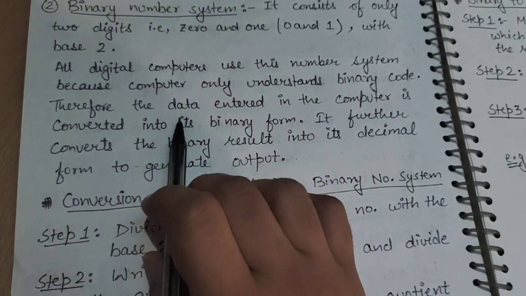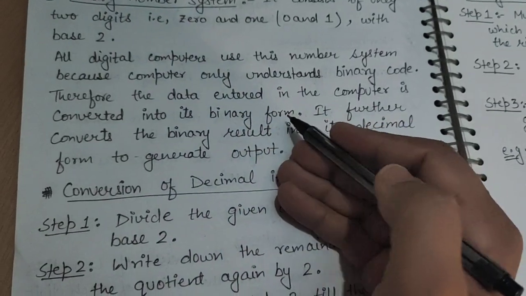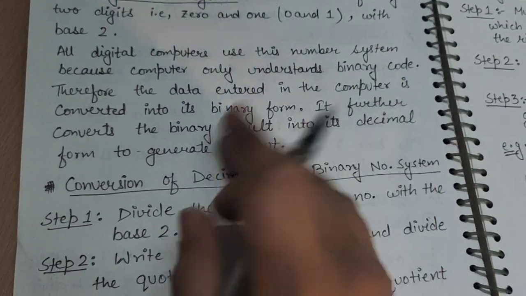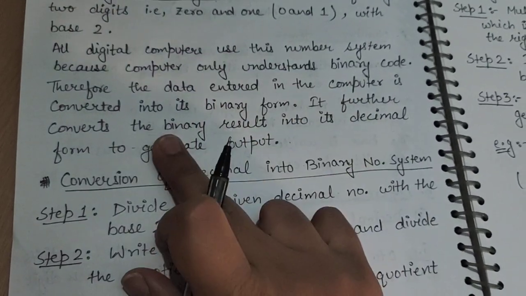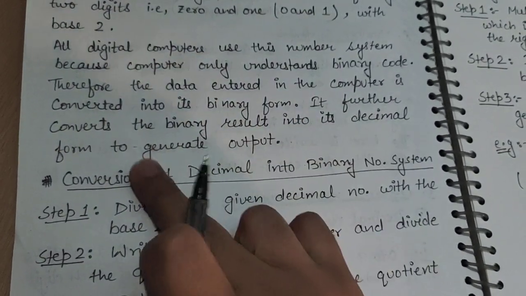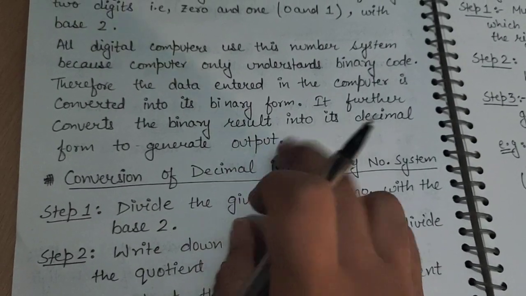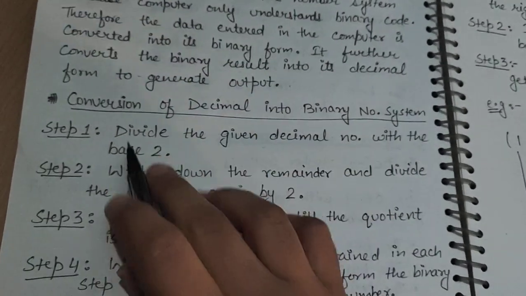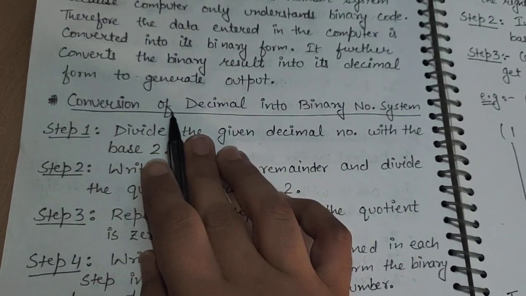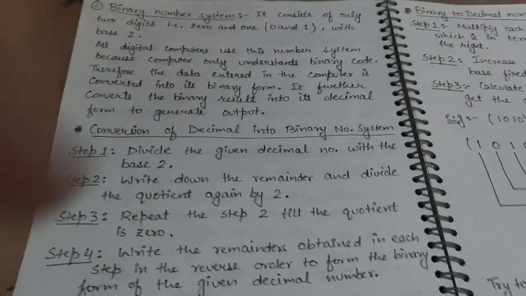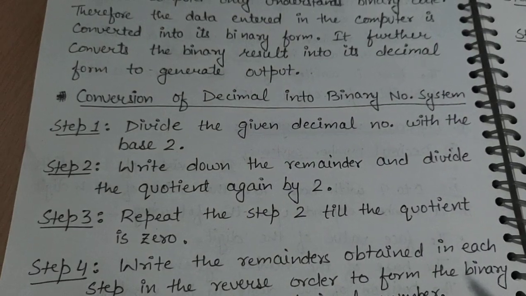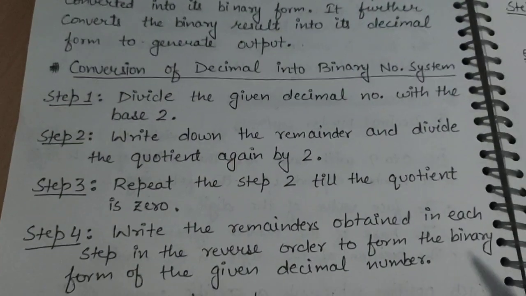So whatever data is entered in the computer, first of all it will convert it into binary form, and then it converts the binary result into decimal form to generate the output. Okay, so let us see how the conversion takes place.